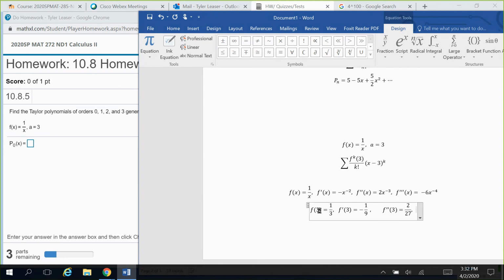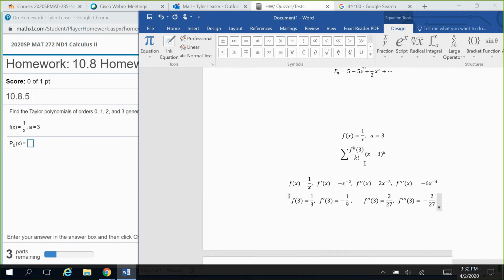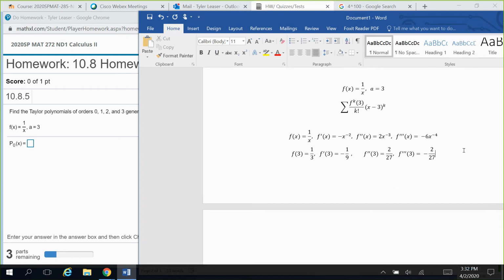The third derivative, plugging in 3, gives negative 6 over 3 to the 4th, which is 81, so it simplifies to negative 2 over 27. I should really start bringing the calculator up here to do these.